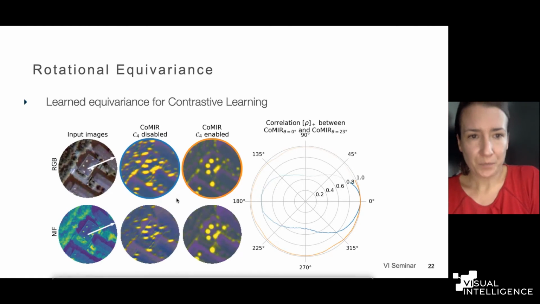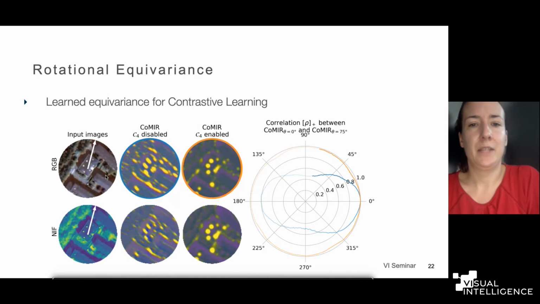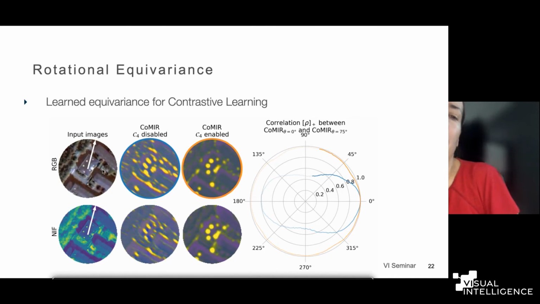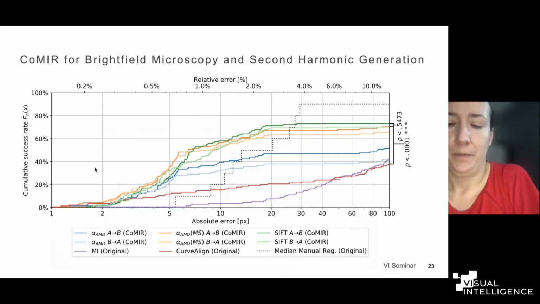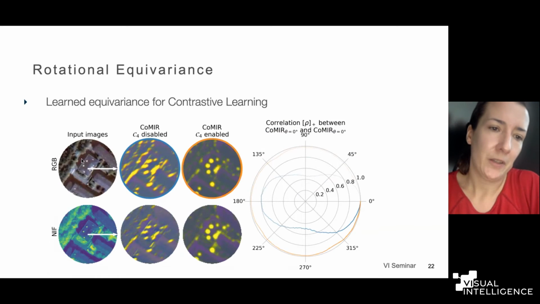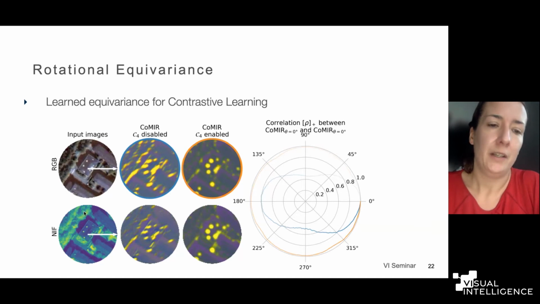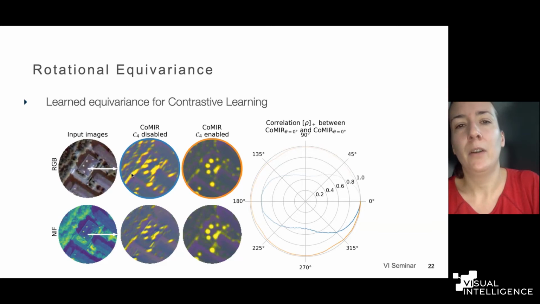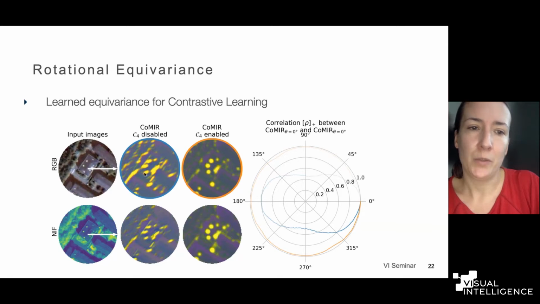So here, what you can see is a stabilized view of our input images. In this case, we have an RGB image of a house, or like a bunch of houses and some forest here, and the near infrared image of that. And if I don't have any equivariant constraints on the network to learn these representations, you can see these two Comirs being produced from these two input images.